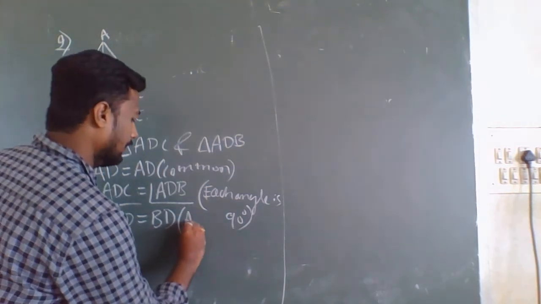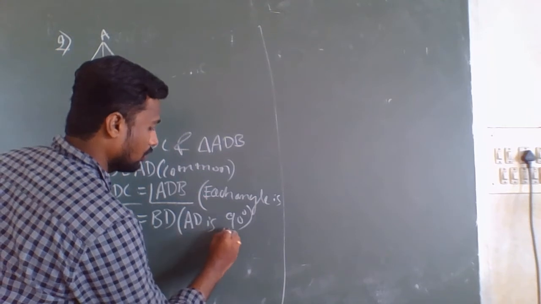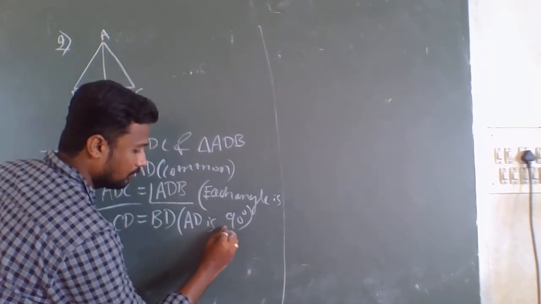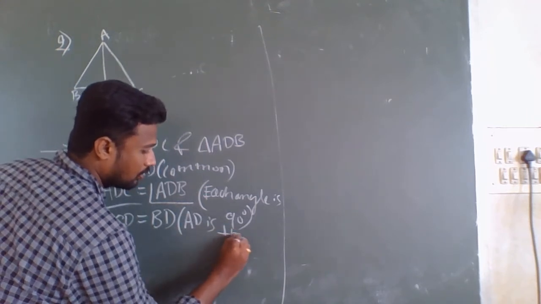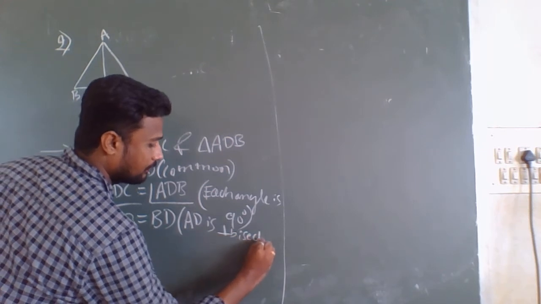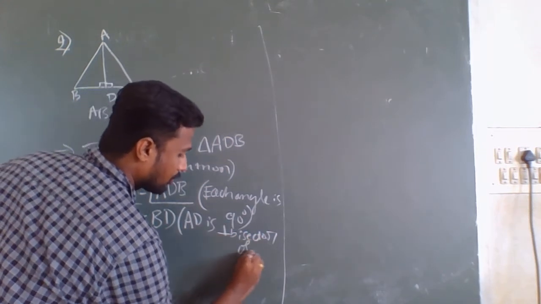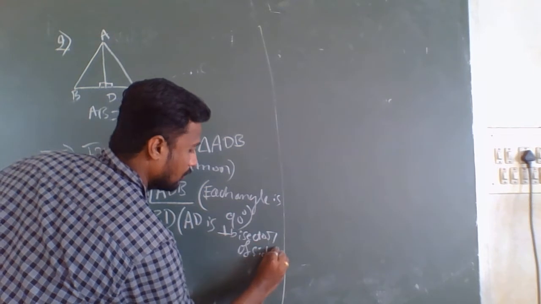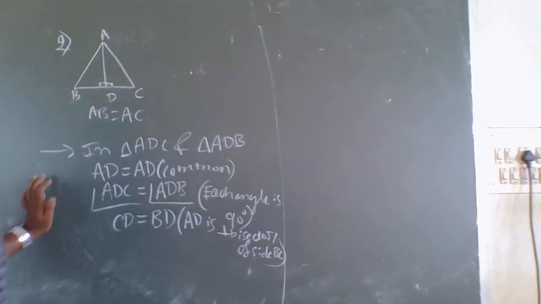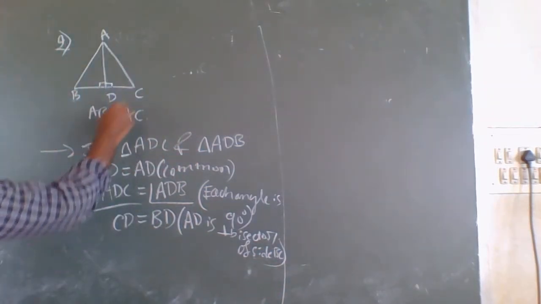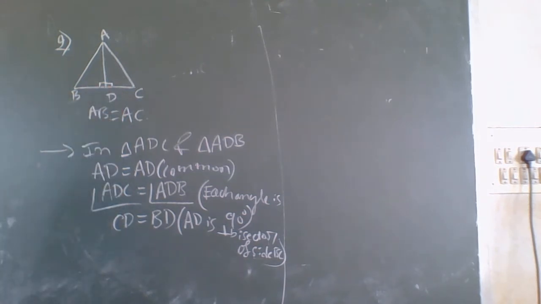Here AD is the perpendicular bisector of side BC. Therefore, CD is equal to BD.